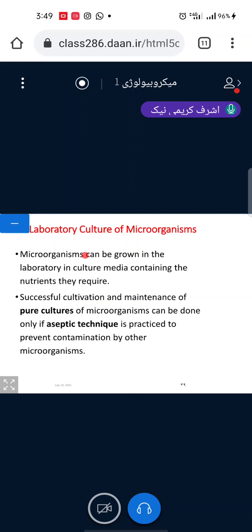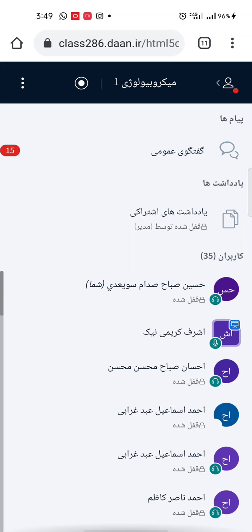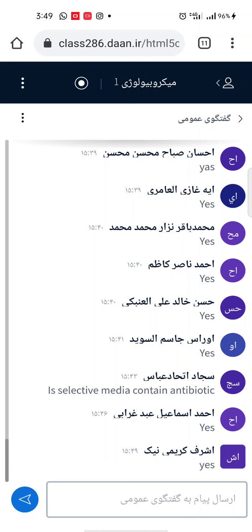Laboratory cultures of microorganisms. Sometimes selective media contain antibiotics. Sometimes we add some antibiotics, for example penicillins, to a media, and this media will be selective.